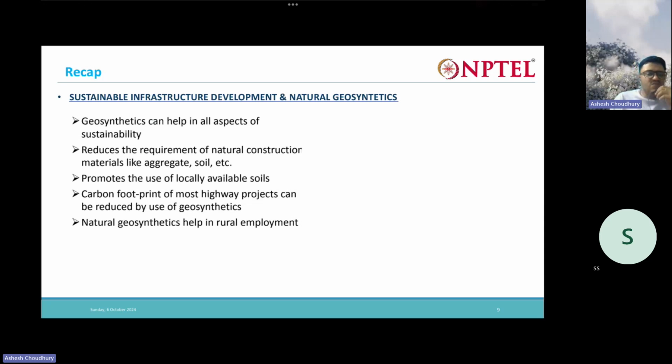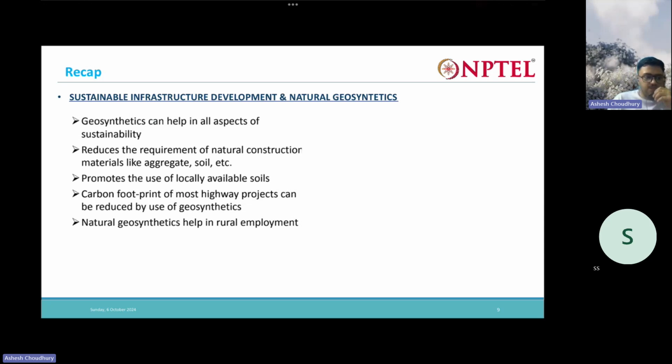There are many villages and small towns where these are locally developed. So you do not need very highly skilled labor to manufacture geotextiles made of jute or coir. You can employ the local unskilled labor, and they can get a means of sustenance, right?